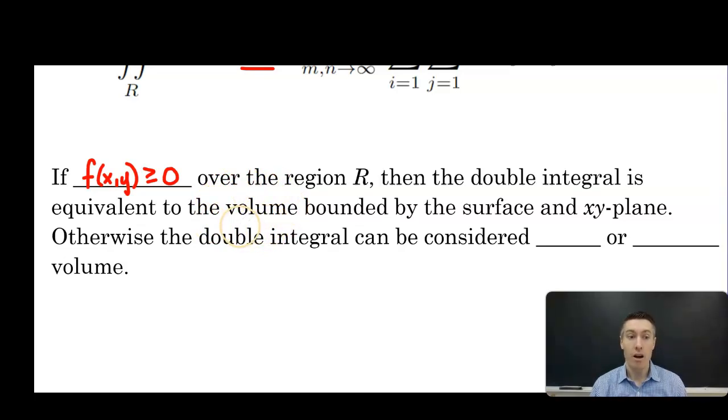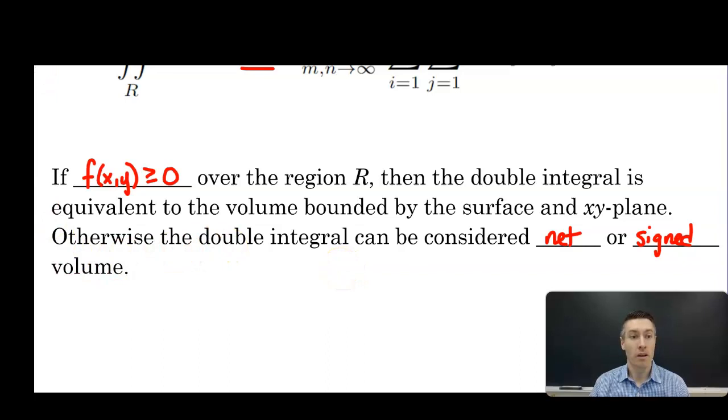If the function's not always non-negative, then the double integral can be considered net or signed volume, which really just tells us any part of the function that goes below the xy plane is going to have a negative volume, or we're going to attach a negative sign to that volume, and then we compute the sum that way.